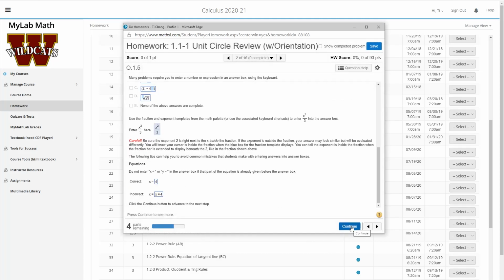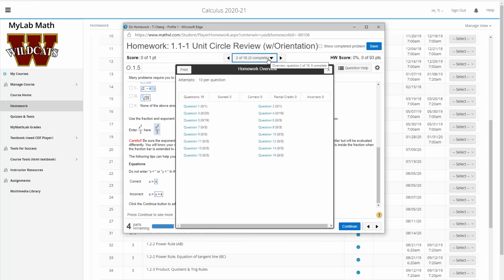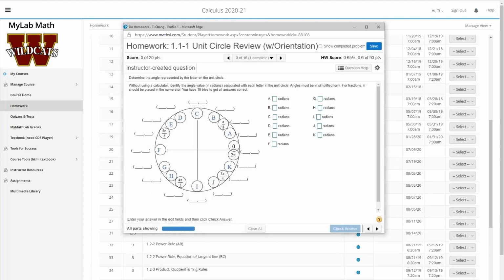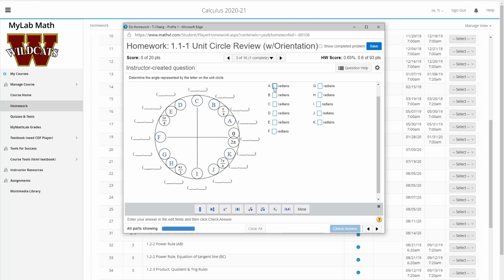And you can go through this homework. I wanted to show you, I think it's problem 3. You'll have a unit circle. You need to fill in these parts, and if you've already gotten the unit circle done in your guided notes, then it's really just a matter of typing that in. So A here is the angle right here, and this is a 30 degree angle, so you're going to type pi over 6 here.